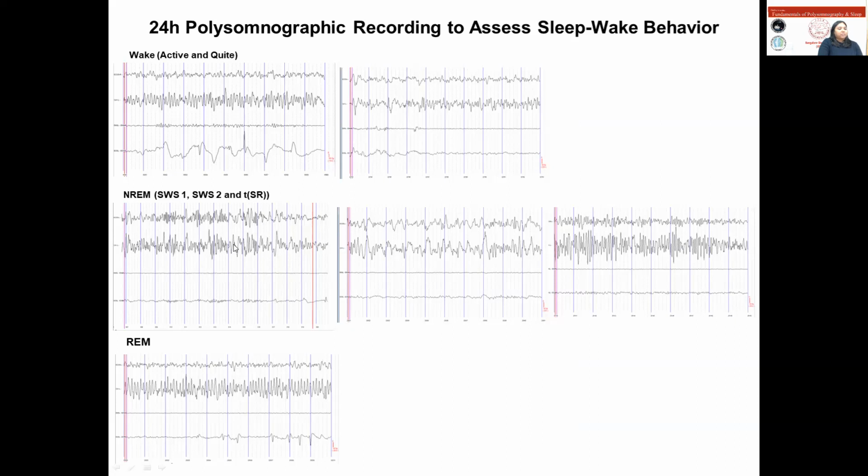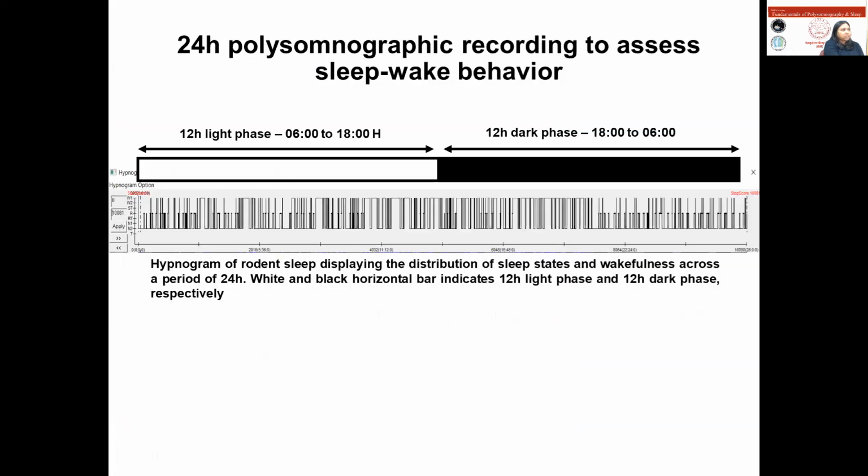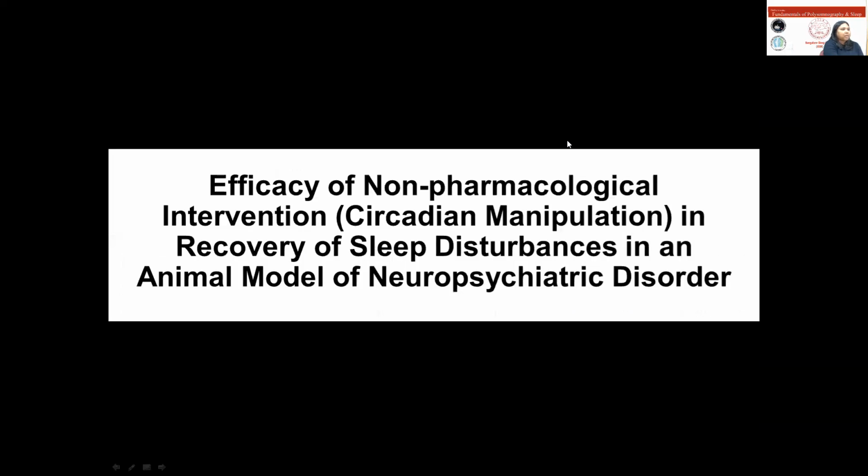Non-REM stages S1, S2, and transition stage are combined together and scored as non-REM stage. And of course, you have the REM stage separately. So this is a representative image of light and dark phase sleep scoring, and this is the hypnogram for 24 hours, where the rats have been maintained in a 12-hour light and dark phase.